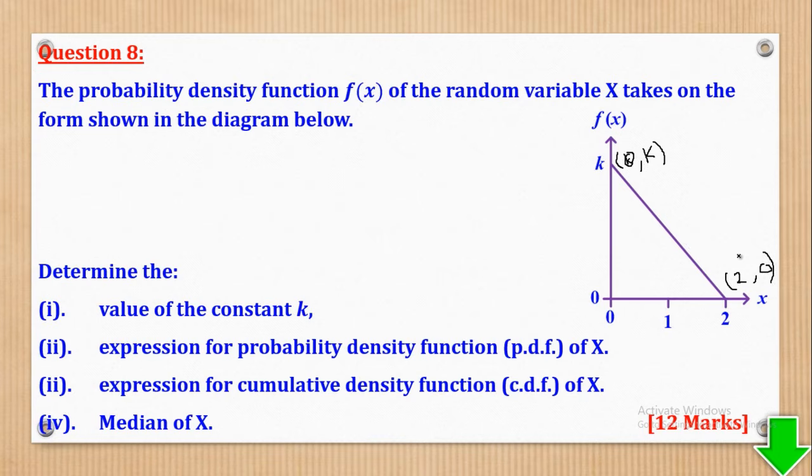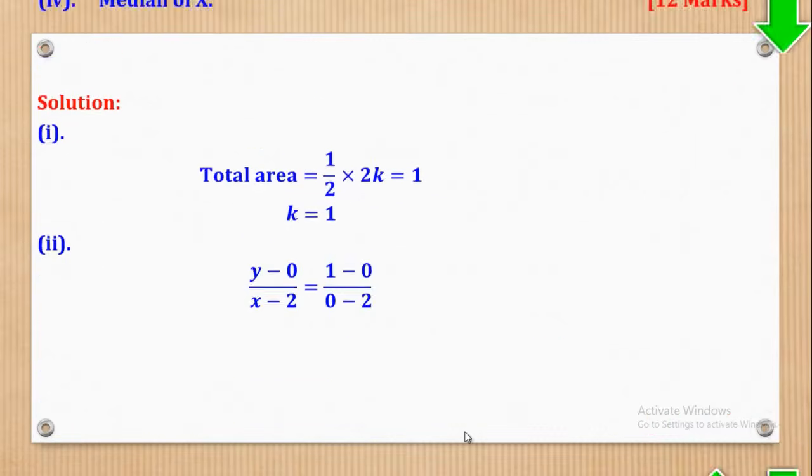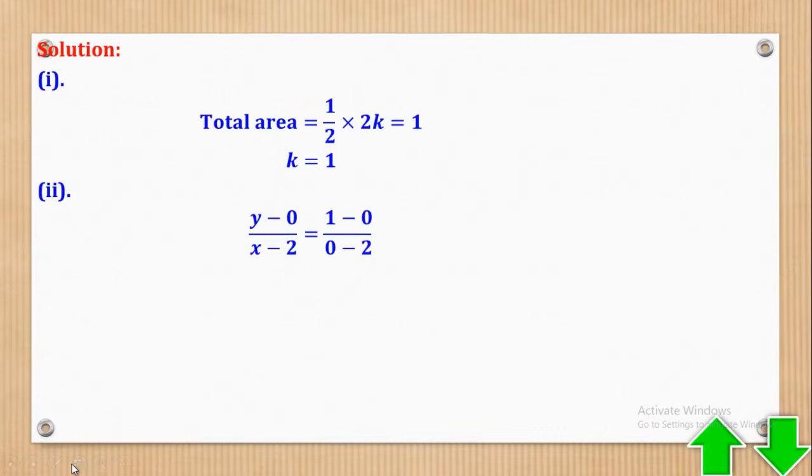So when I have 2 points, (0, k) and (2, 0), I can get the equation of that line by saying change in y over change in x, equating the gradients. So the equation will be y minus 0. We had a point (2, 0), and also a point (0, k), and we have already got that k is equal to 1, so the point is (0, 1). When I use (2, 0) and (x, y), I'll come up with y minus 0 over x minus 2.